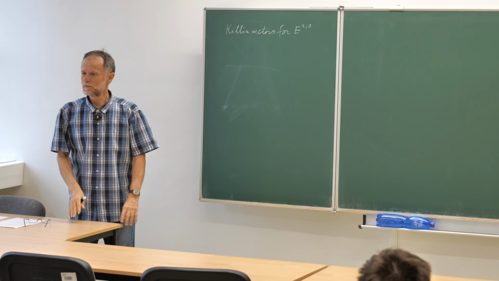So this is the complete and useful way to write the general solution of our Killing equations. First we see that there are arbitrary constants here and here, and there is a basis here and here.